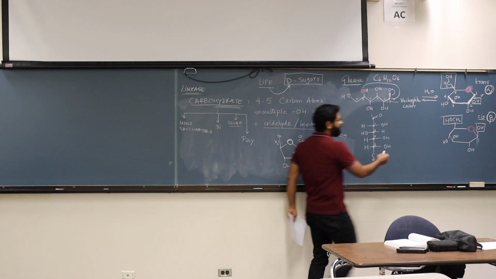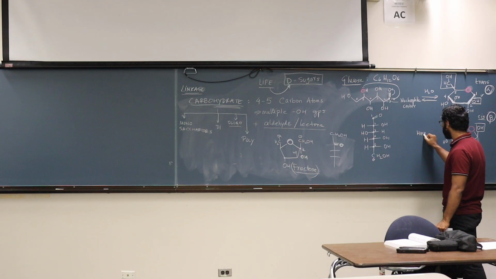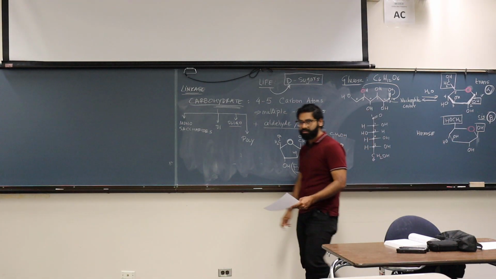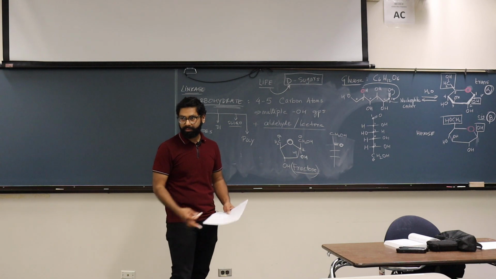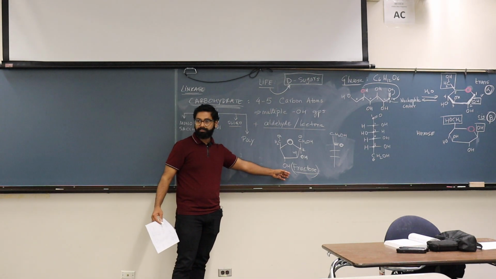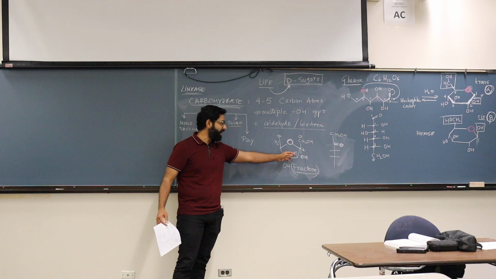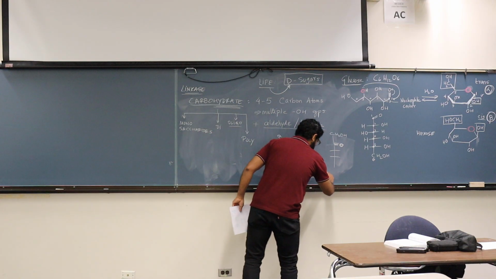So these are 6-membered rings, so we also call them hexose. So what will you call the fructose? So that's a hexose sugar. What will you call the fructose? It's a pentose sugar. It's a 5-membered ring.